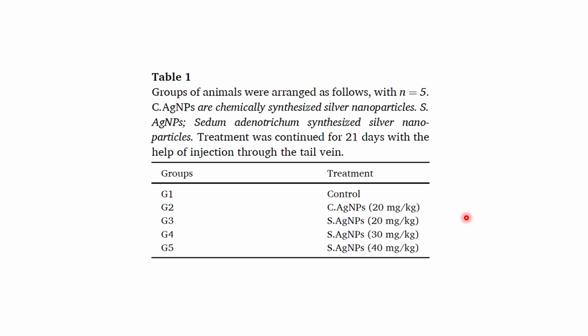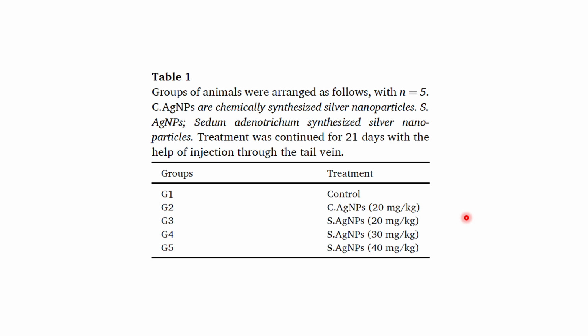So the mice were randomly divided into 5 groups. Group 1 was called the control group, and group 2 was given chemically synthesized nanoparticles, and groups 3, 4, and 5 were dosed with the nanoparticles synthesized through Sedum.